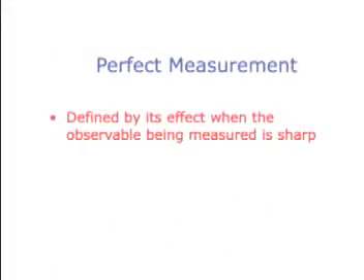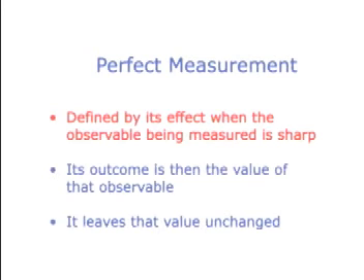Let's confine our attention for the moment to the useful idealization of a perfect measurement. We can define a perfect measurement process by the effect it has when the observable being measured is sharp, has a single value. First, the outcome of a perfect measurement of a sharp observable is the value of that observable.